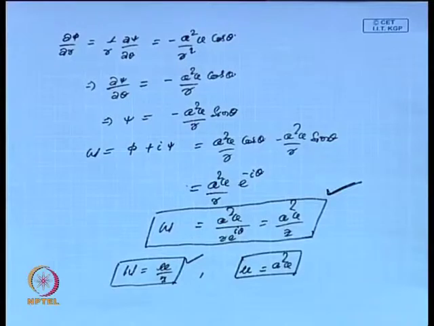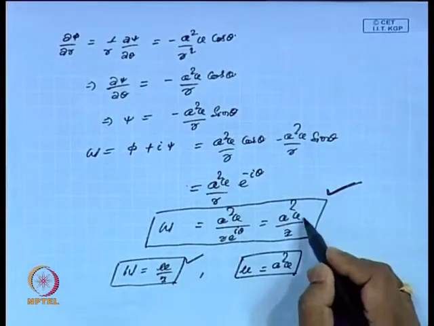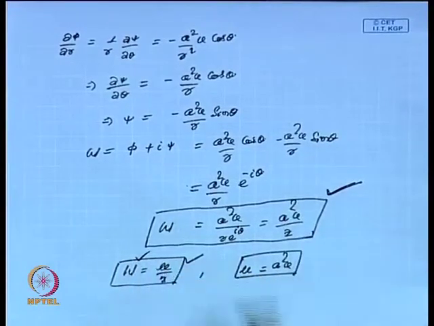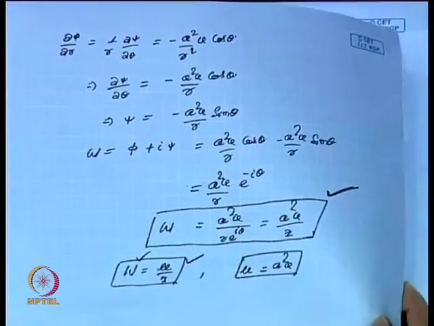So, that is a very common thing between a doublet and a cylinder, motion of a cylinder in a fluid which is at rest at infinity. So, this is the most general case of the complex potential.